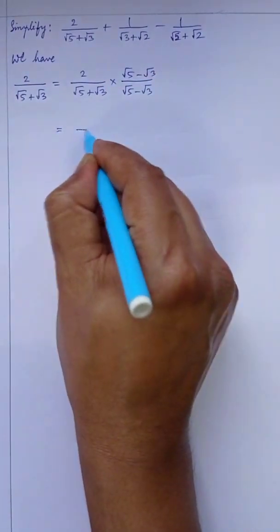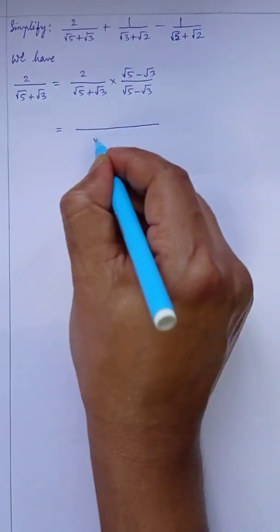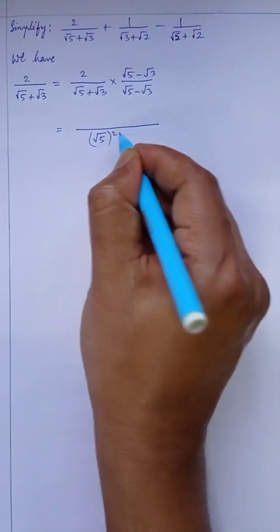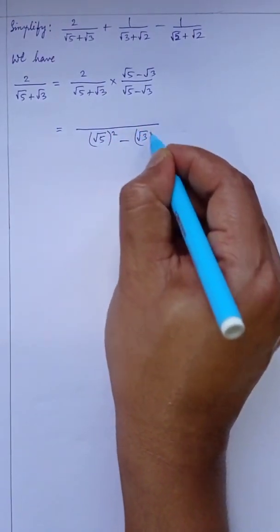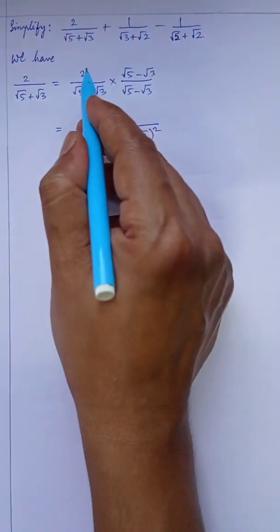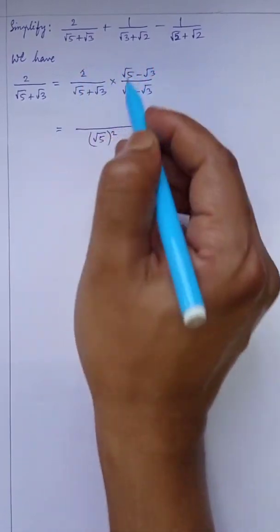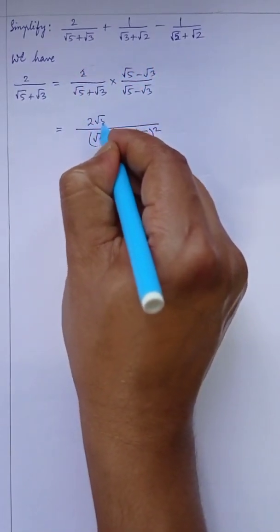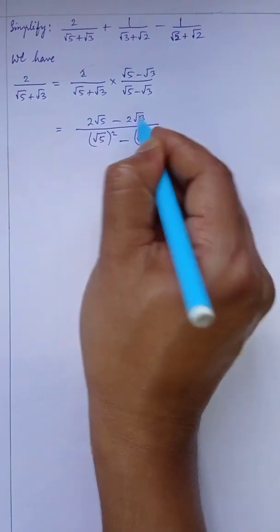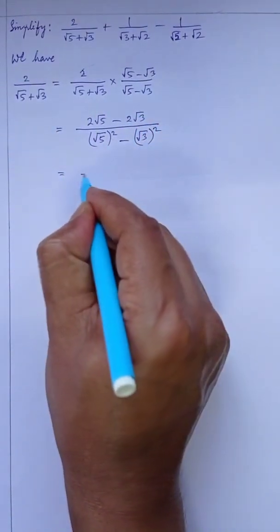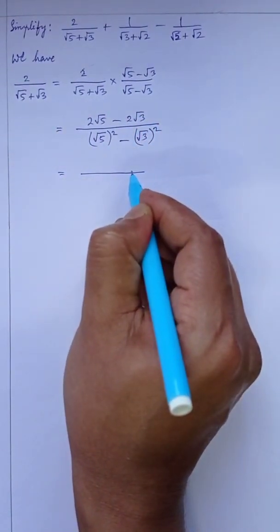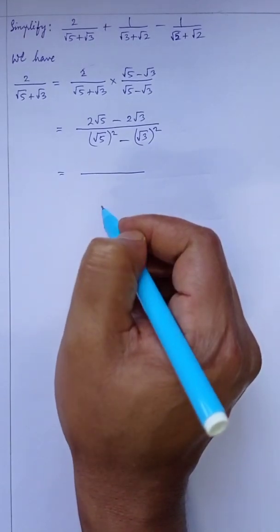Now this will be like before, a square minus b square. Here we'll multiply these two, 2 root 5 minus 2 root 3. Oh sorry, the blunder.